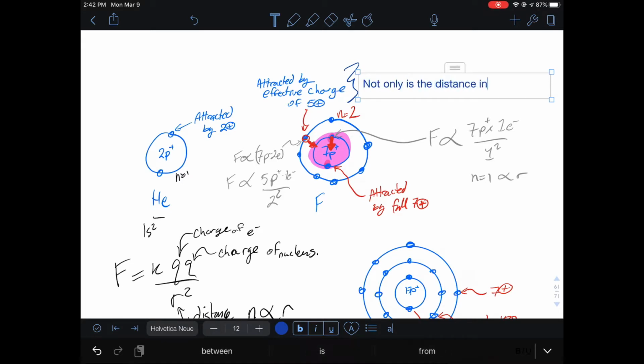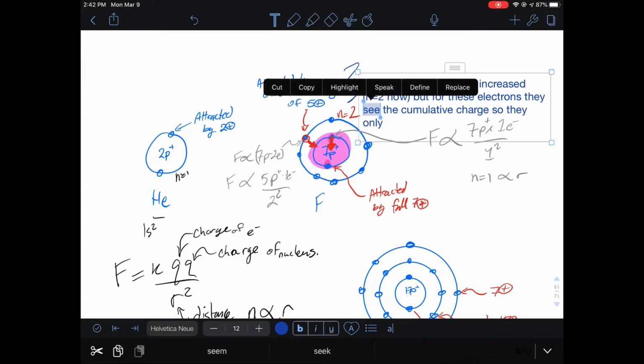So not only is the distance increased, n equals 2 now, but for these electrons, they see the cumulative charge.